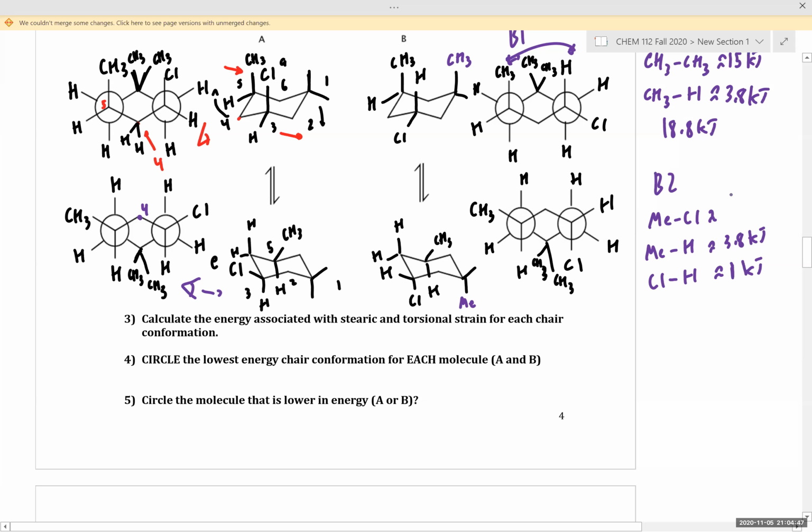Would you expect it to be close to a methyl hydrogen interaction? Larger, smaller? If chlorine has about the same amount of A value strain as a hydrogen atom, if not a little bit more, what would we estimate a methyl chlorine 1,3 diaxial interaction to be? I'd say around 4 to 5, closer to 5 since it's a little bit bulkier, but 4 would be a reasonable proposal.